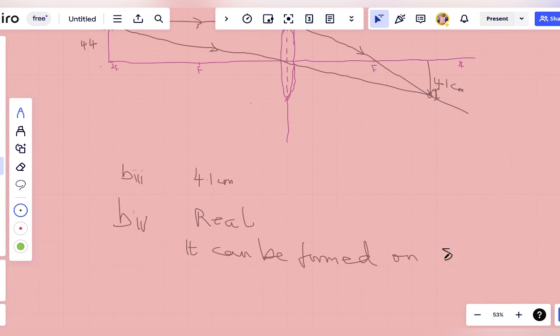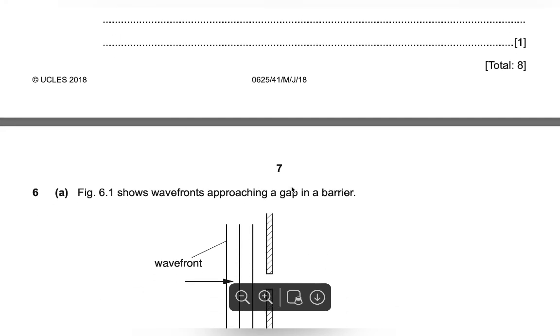That is the reason, and it's just 1 mark.